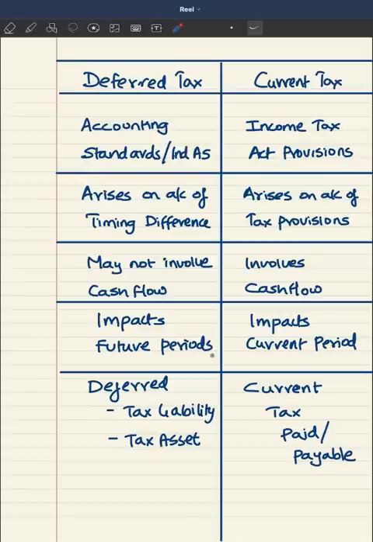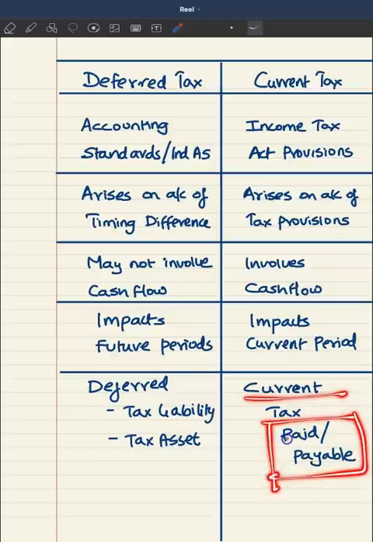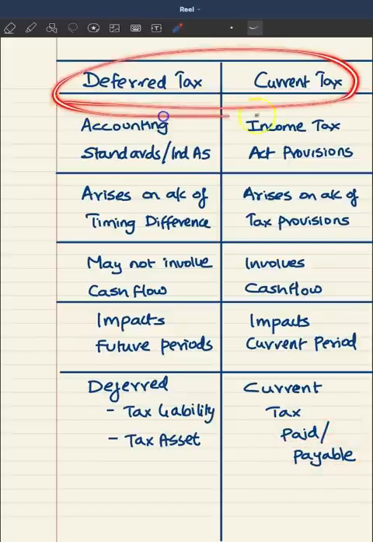Similarly, deferred tax asset that is created in the current year will get adjusted in the future. So it will impact the future period, whereas current tax will have impact on the current period only. And in deferred tax, we have subclassification as deferred tax liability, deferred tax asset. Under current tax, what we have is only current tax paid or payable. So that's about difference between deferred tax and current tax.